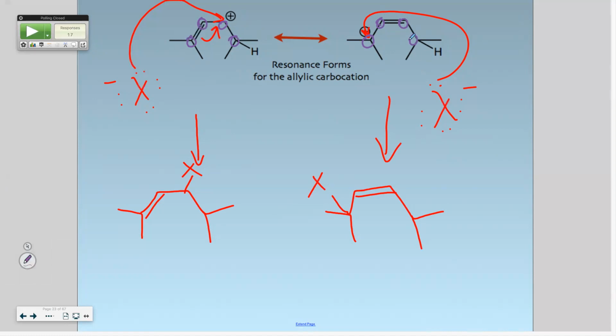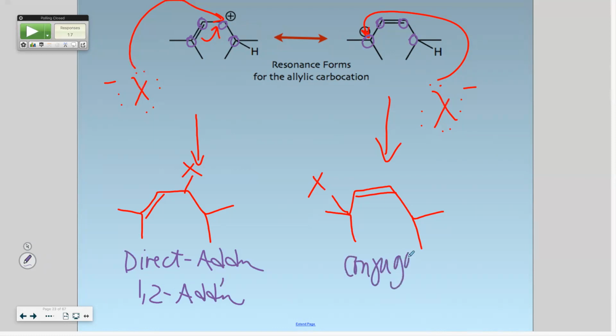This addition is called direct addition, or 1,2 addition. This one is called conjugate addition.